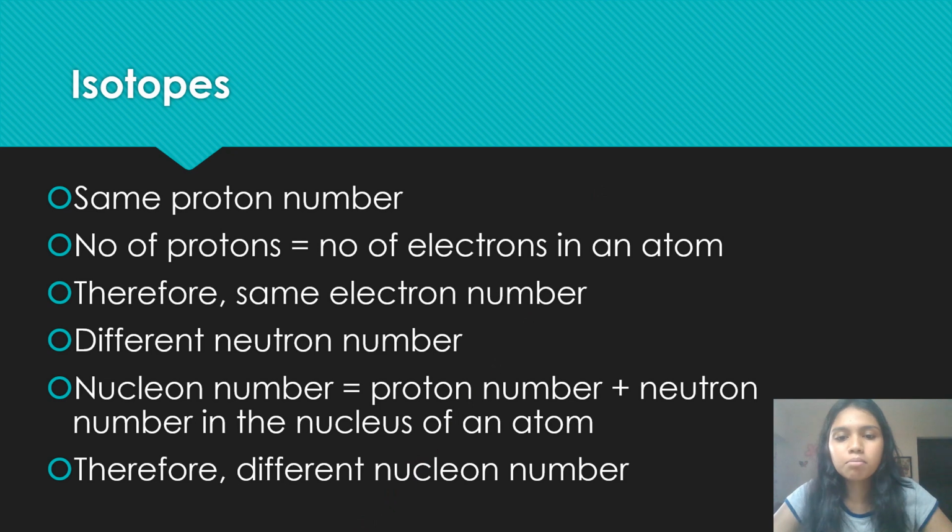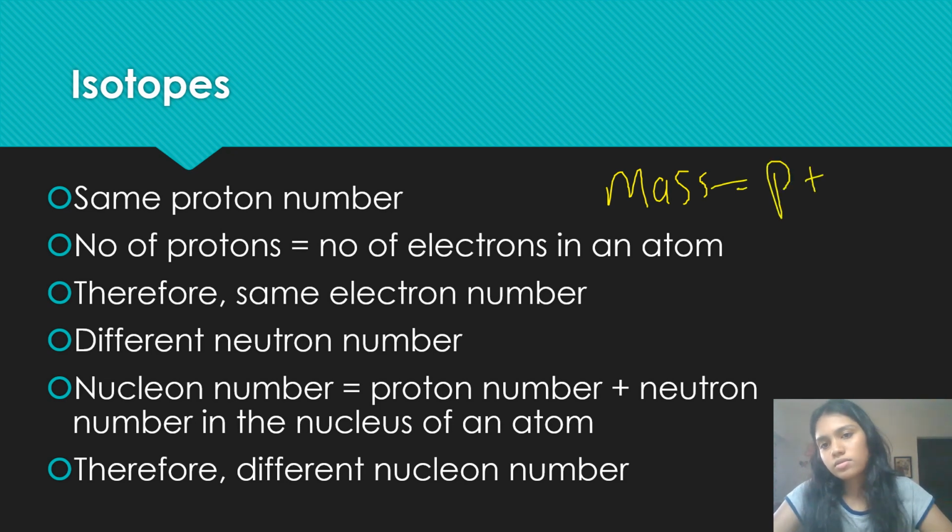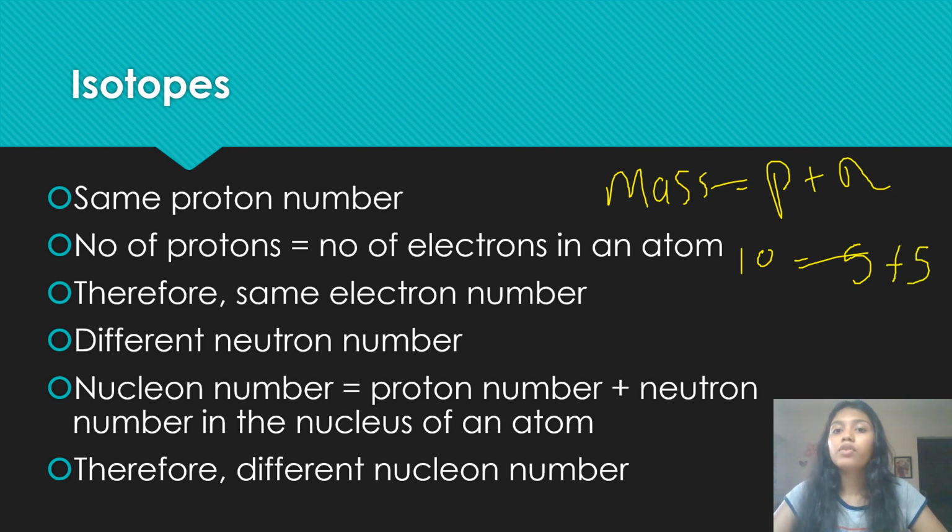Now, atomic mass is made of protons and neutrons, correct? So now, if your mass is say 10 and protons is equal to 5, neutrons is 5. Now, if your mass is 11, protons have to be the same. Protons are always going to be the same.